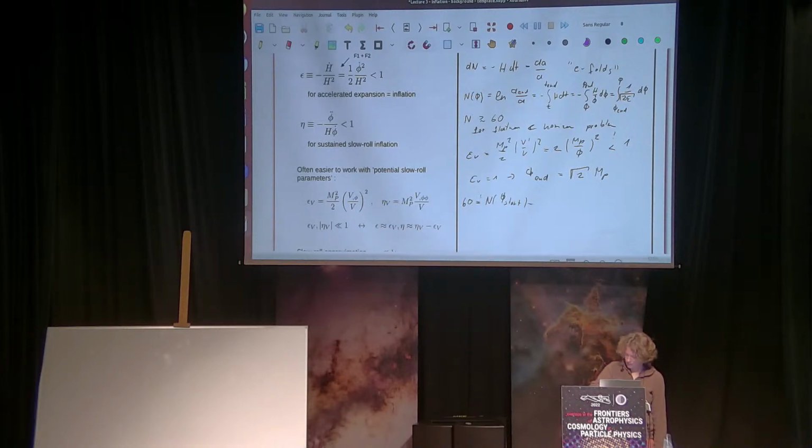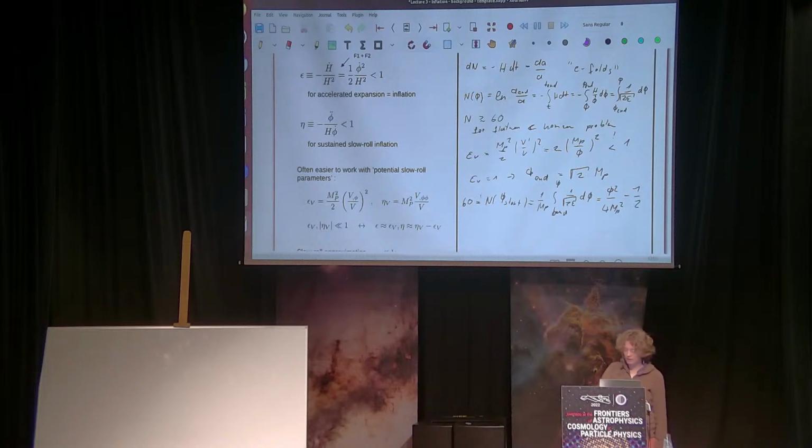So we're using this expression here, 1 over m Planck, integral from phi end to phi of 1 over 2 epsilon d phi. We plug in our expression for epsilon, and we get from the starting point, just from this phi here, phi squared over 4 m Planck squared. And then from the end point, which we've evaluated already up here, we just get minus 1/2.